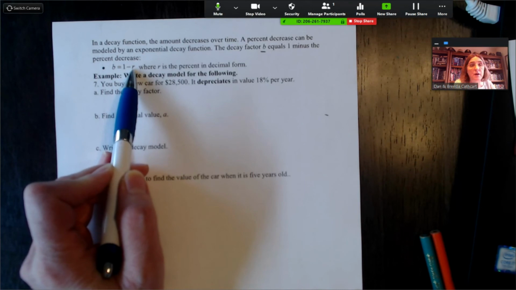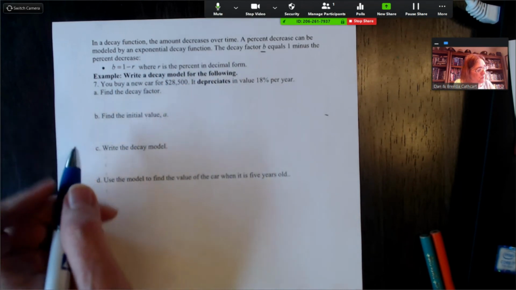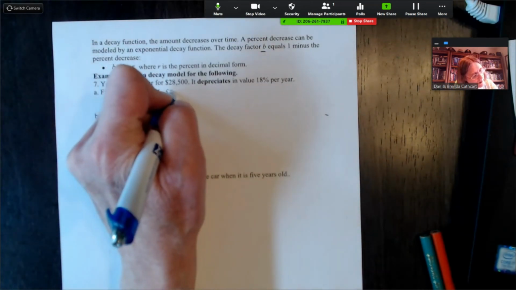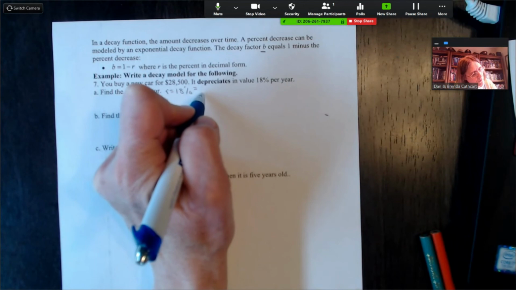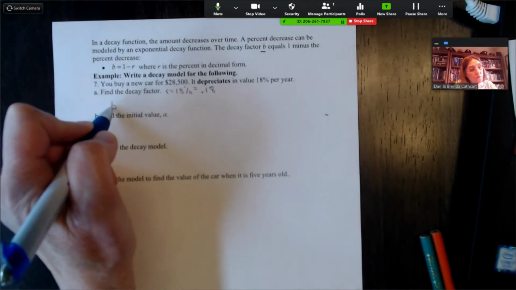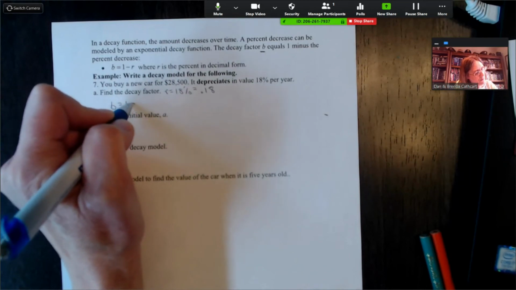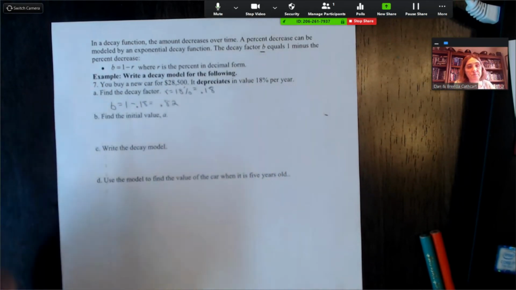So the first thing I have to find is r, the percent decrease in decimal form. So r is 18%. In decimal form, that's 0.18. So our value for b is going to be 1 minus 0.18, or 0.82.